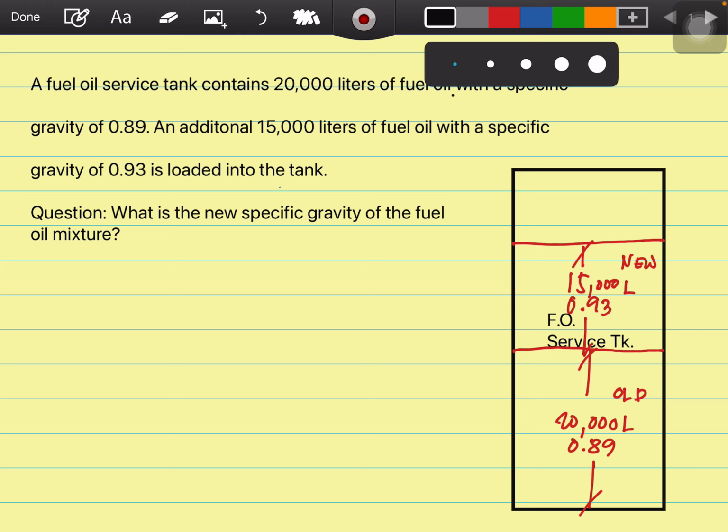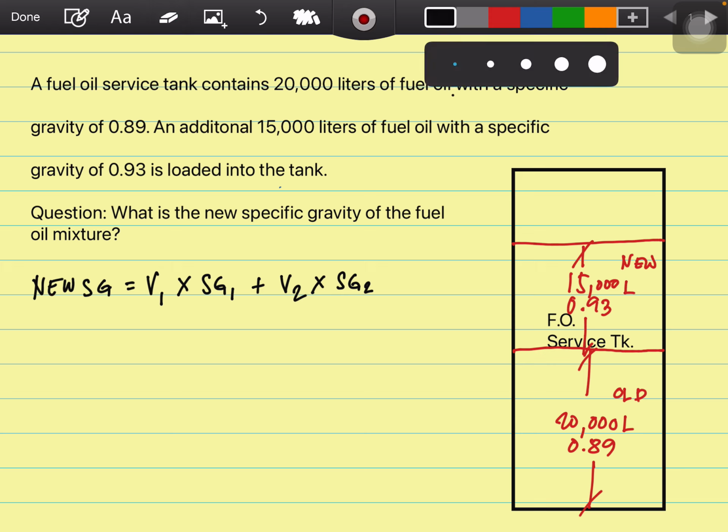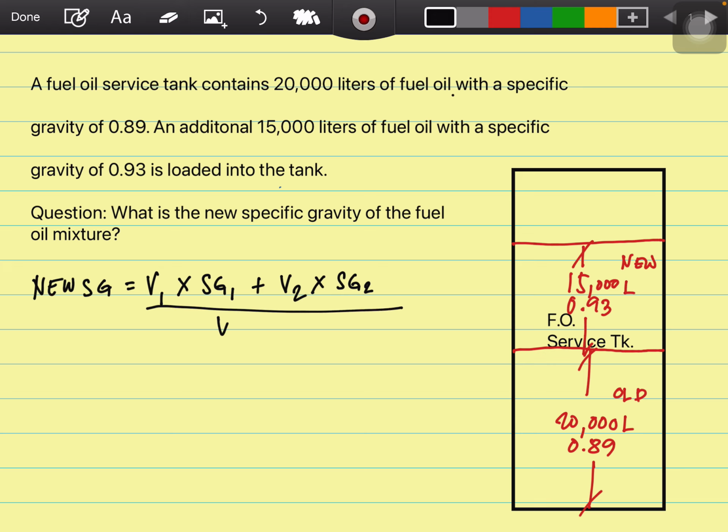The formula for that is: new specific gravity, SG, equals V1 multiplied by SG1, added to V2 multiplied by SG2, then we divide it by V1 plus V2.